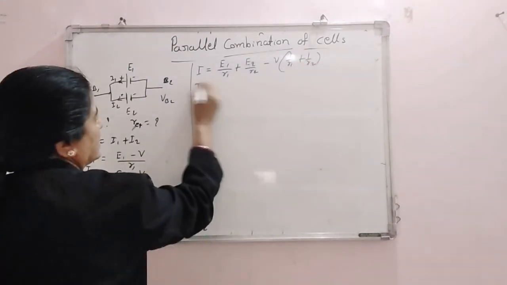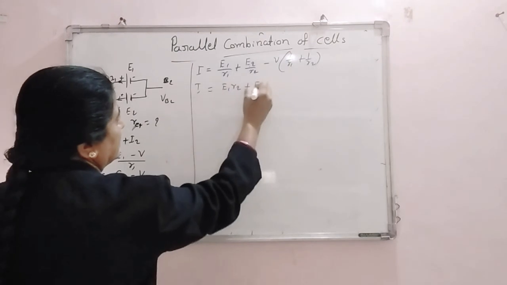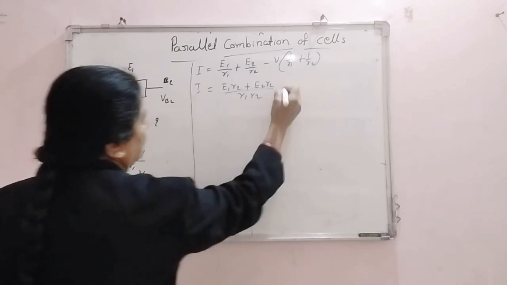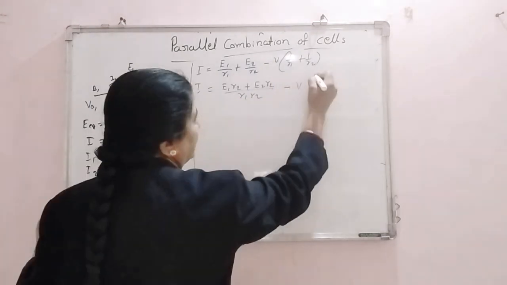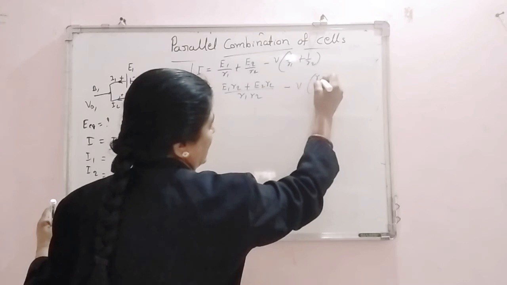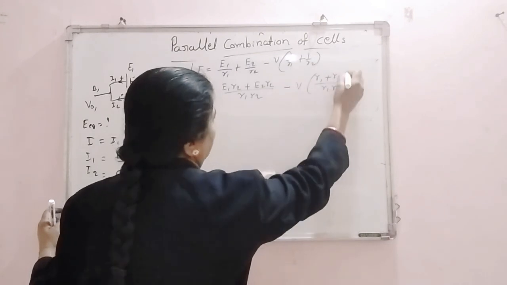That is, I is equal to (E1 R2 plus E2 R1) divided by R1 R2, minus V into (R1 plus R2) divided by R1 R2.